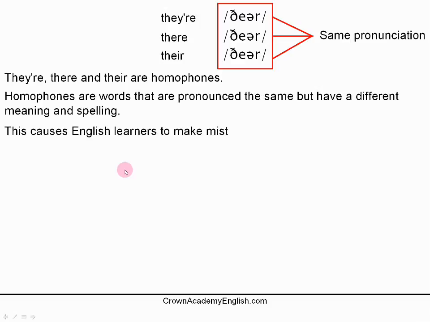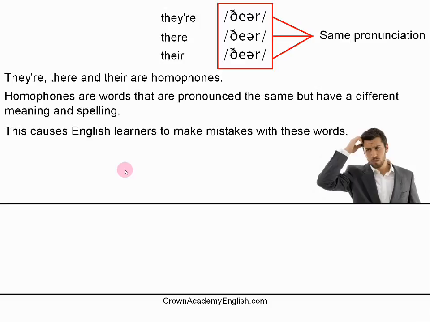But since they are pronounced the same and spelt differently, this causes English learners to make mistakes with these words. And it is particularly difficult while writing these words. So when we want to write these words, sometimes it is difficult to know which of the three words to use.